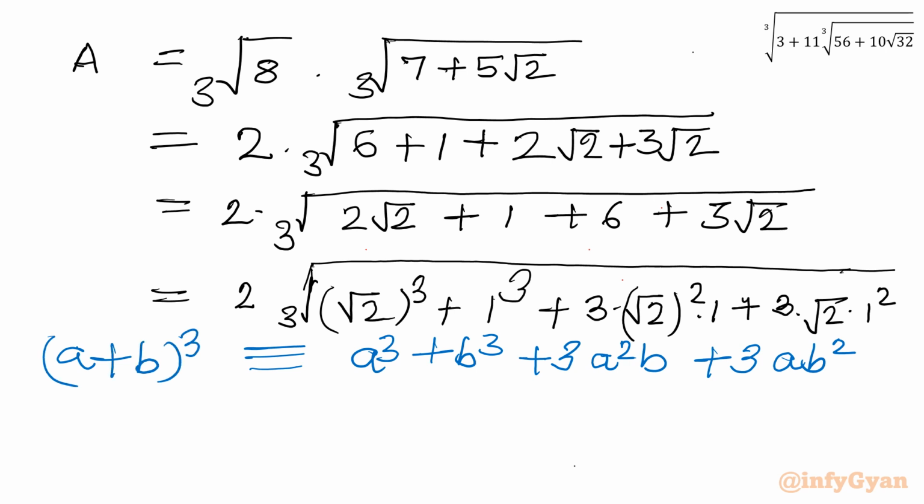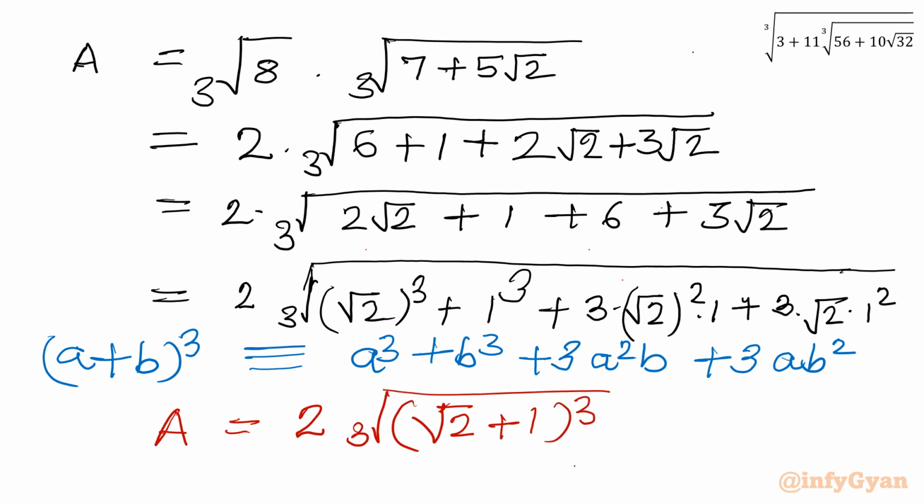So I will be writing A equal to 2 times cube root of root 2 plus 1 whole cube. Now cube root and cube will cancel. So our expression A is converting into 2 times root 2 plus 1.